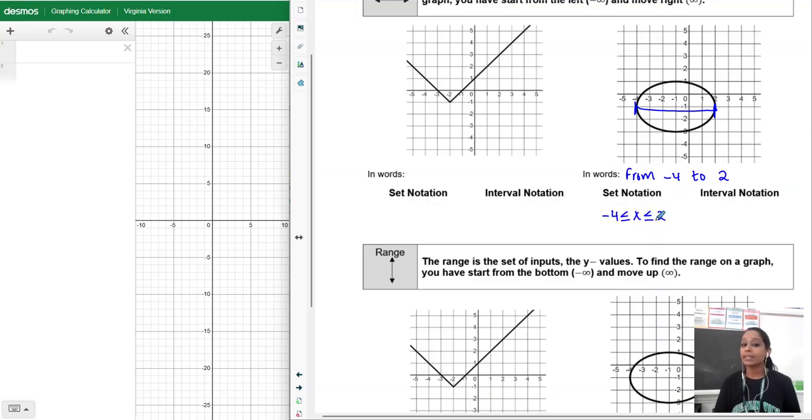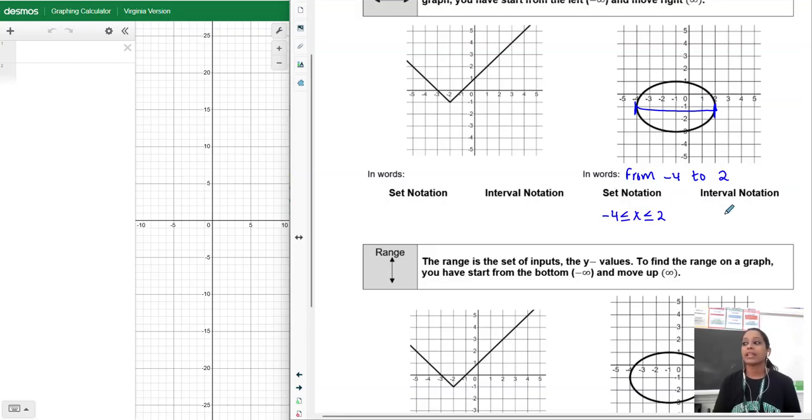What this means is my x values are any number that is greater than or equal to -4 and less than or equal to 2. Basically that just means it's between -4 and 2. This is set notation, and we use inequalities to show that it is between these two numbers.